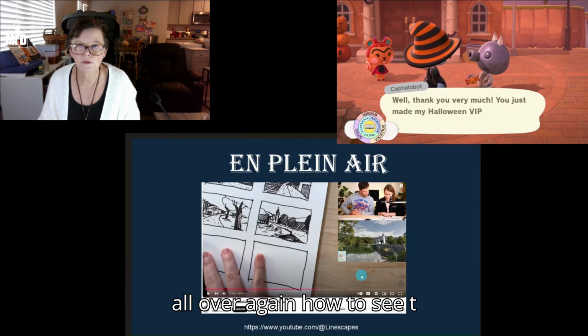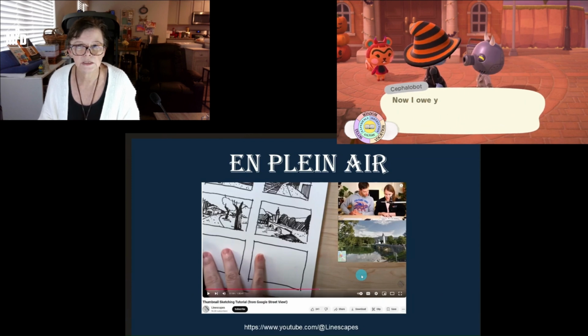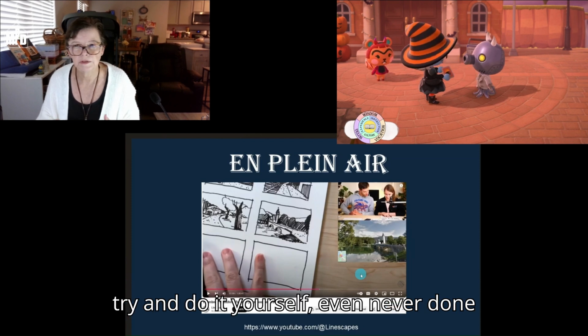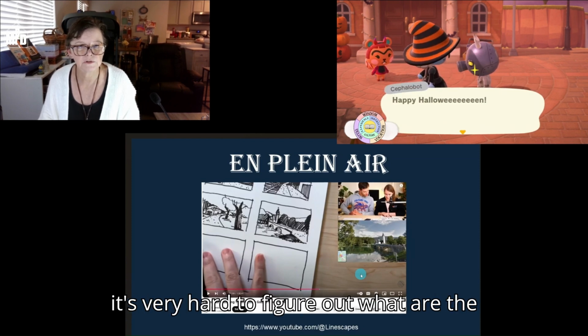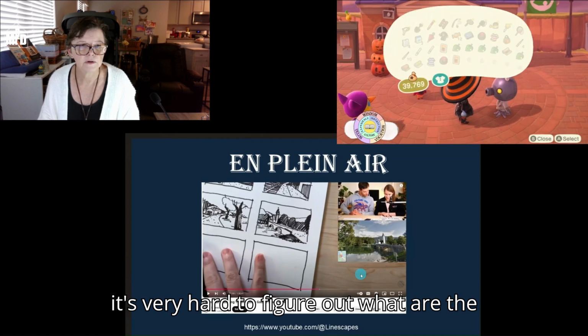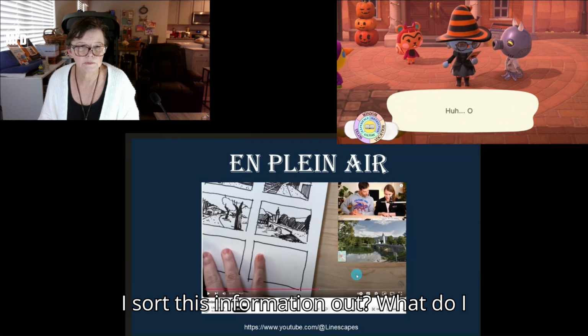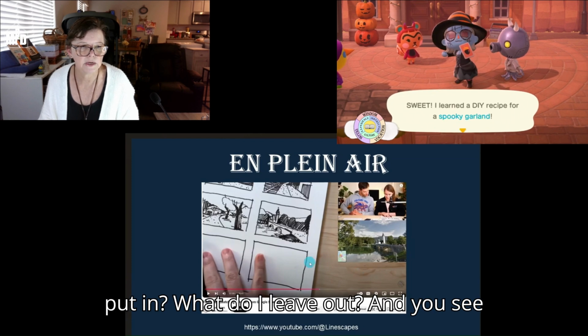You have to learn all over again how to see the important things in an image. If you've never done this before, you try to do it yourself, it's very hard to figure out what are the main objects, or how do I sort this information out? What do I put in? What do I leave out?